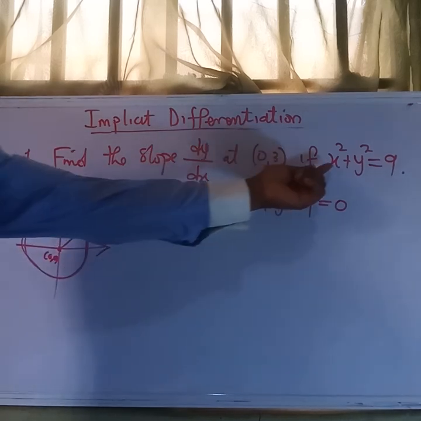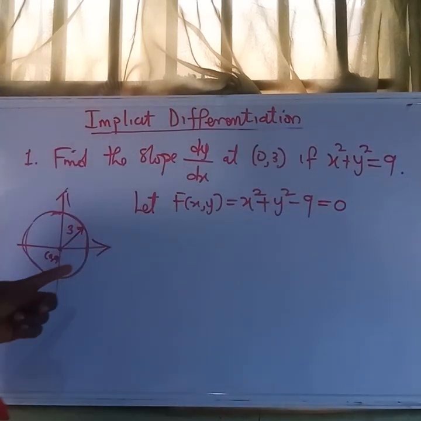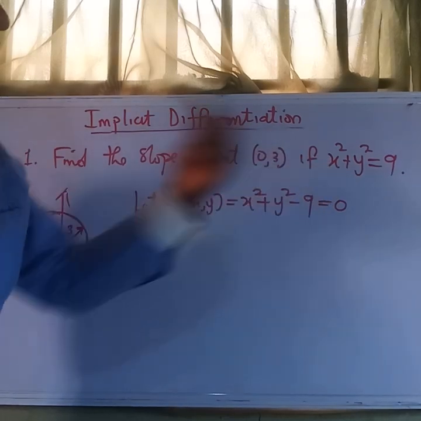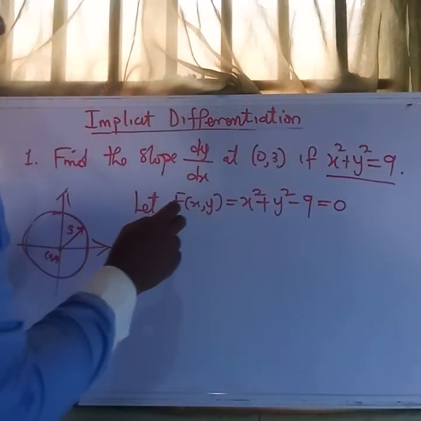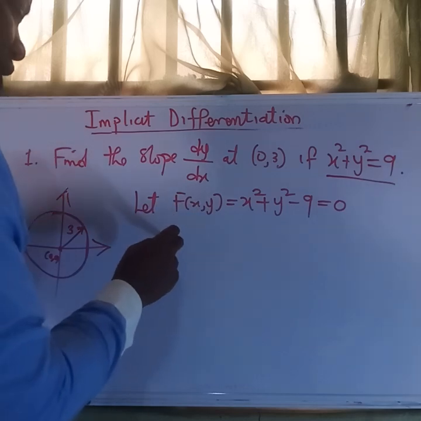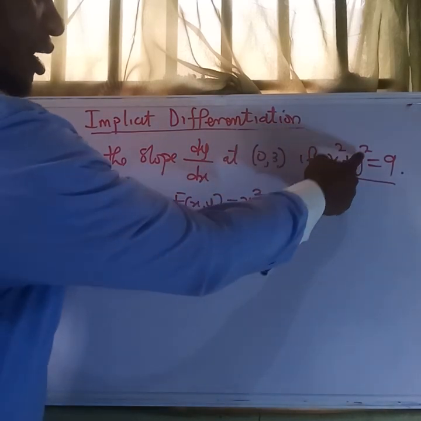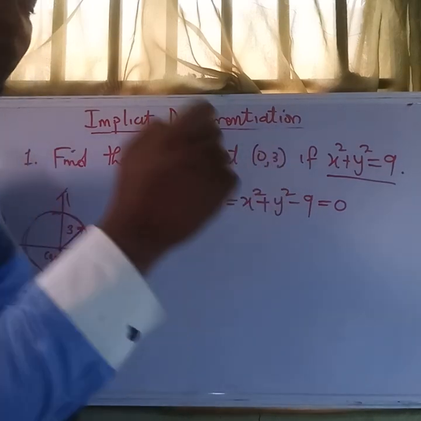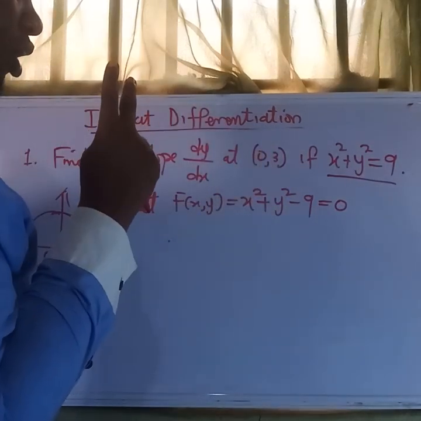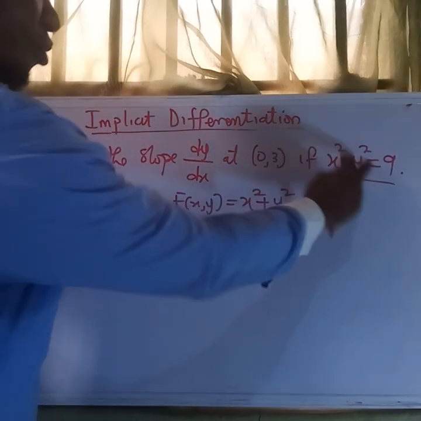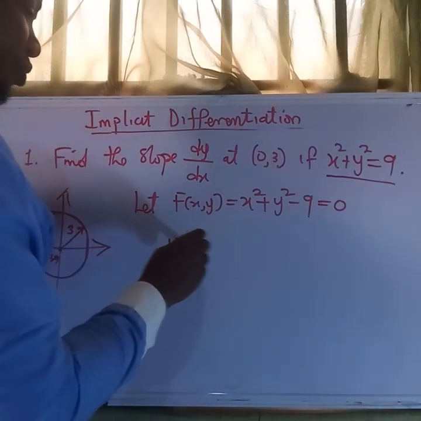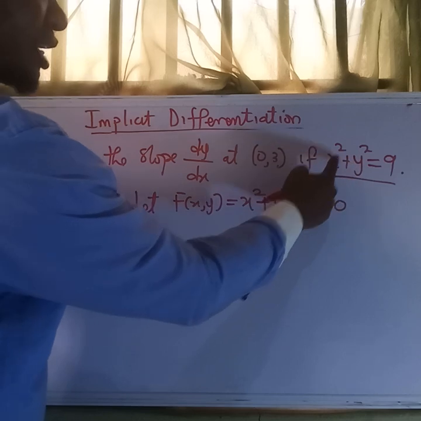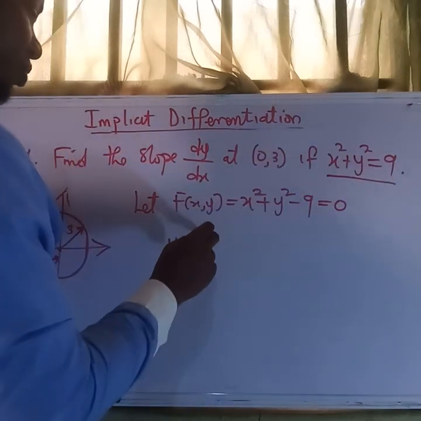So from this equation, we can form two explicit forms. Since y is having a power of 2, it means we can obtain two explicit forms from this. The first one: let's make y the subject. If we make y the subject, x squared goes to this side and we take the square root of both sides.